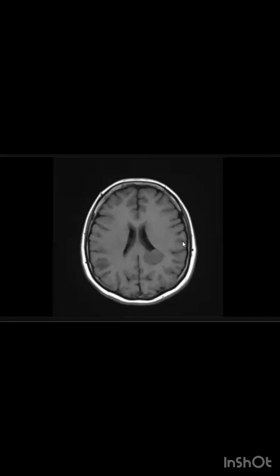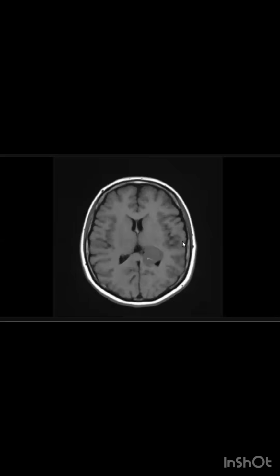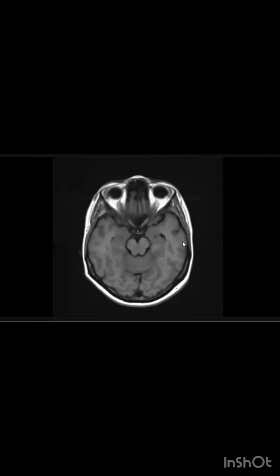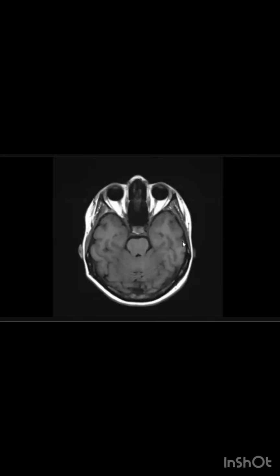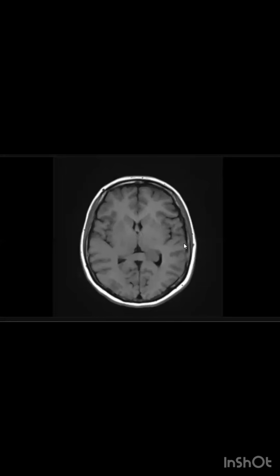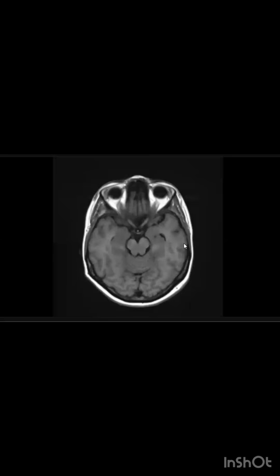The lesion appears hypointense in T1. I would like to check the lesion in T2, diffusion and contrast, but before that, I can see there are no hydrocephalic changes, no midline shift or brain herniation.